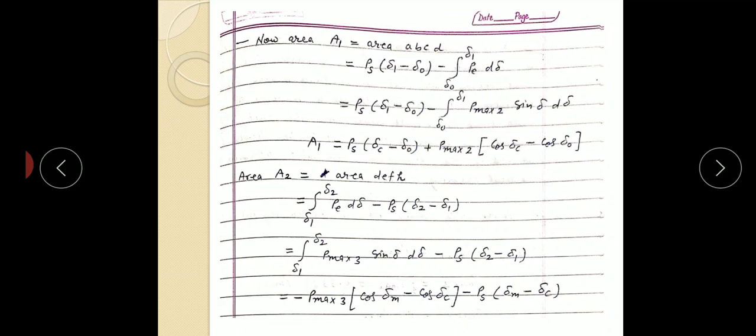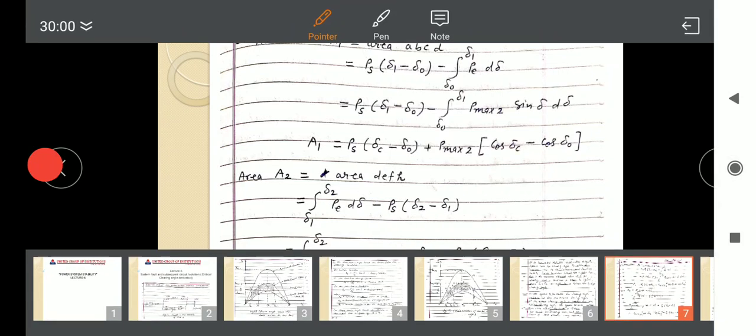So A1, put delta 1 equal to delta C. Then area A2, area DEFH, is the integral from delta 1 to delta 2 of P d delta minus PS (delta 2 minus delta 1), that is the integral from delta 1 to delta 2 of P max 3 sin delta d delta minus PS (delta 2 minus delta 1).